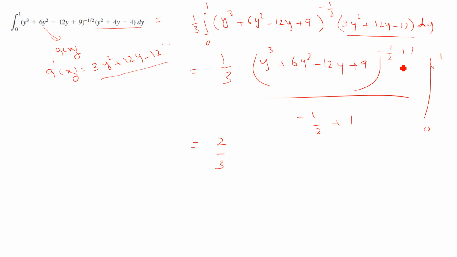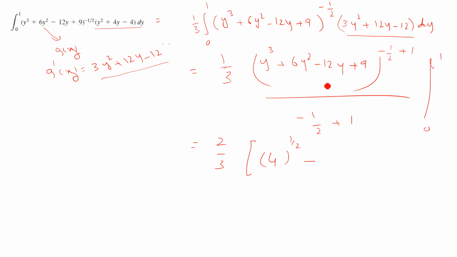When y is equal to 1, we have 1 plus 6 minus 12 plus 9. 1 plus 6 is 7, plus 9 is 16, minus 12 is 4. So 4 to the power 1 by 2, since minus 1 by 2 plus 1 is 1 by 2.